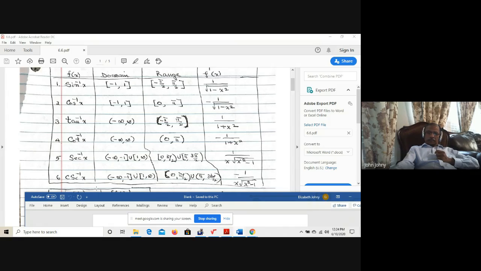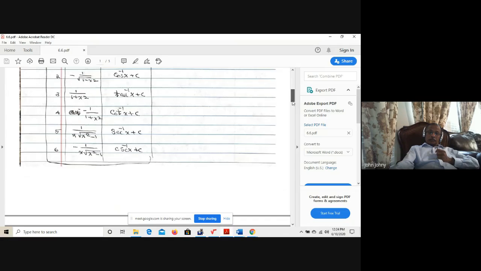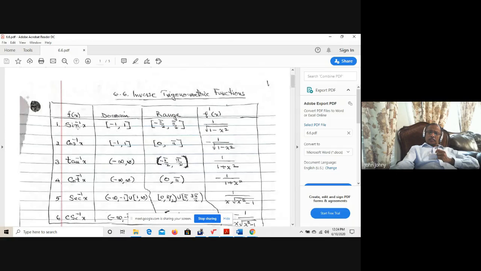Cosecant inverse x, negative 1 over x times square root of x square minus 1. And the antiderivatives. The derivative of sine inverse x is 1 over square root of 1 minus x square, so the antiderivative of 1 over square root of 1 minus x square is sine inverse x plus c.